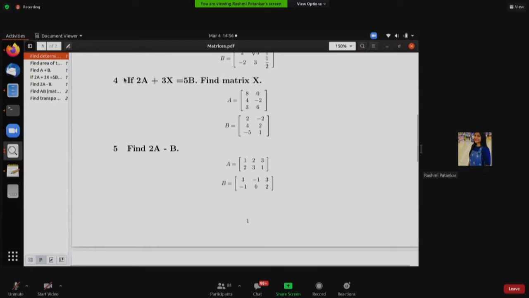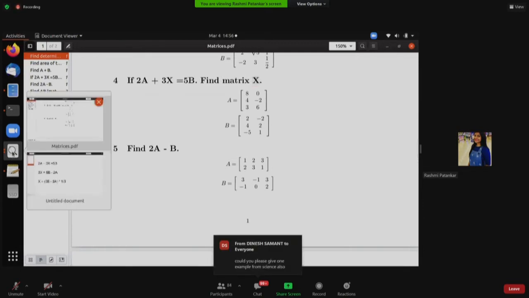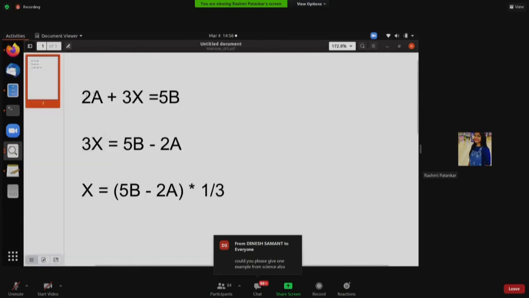So let's say we'll look at the fourth question. In this question, this equation has been given, that is 2A plus 3X is equal to 5B. And we have been asked to find out the value of matrix X. So how will you do that? This is our equation, correct?